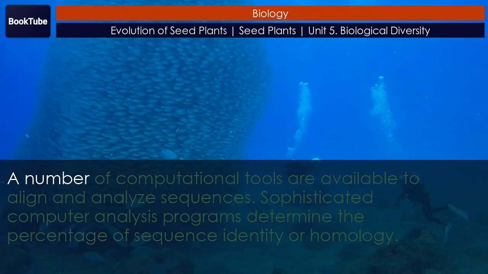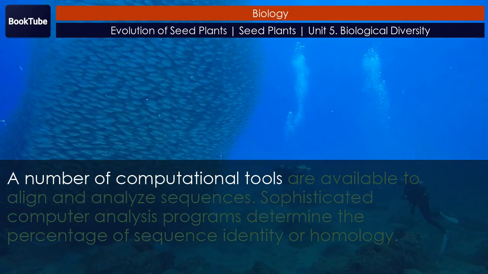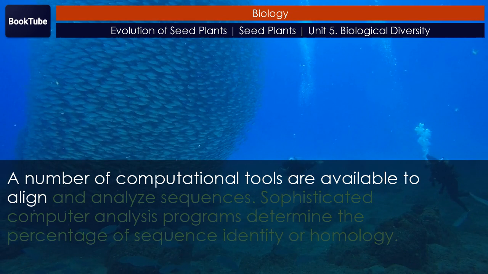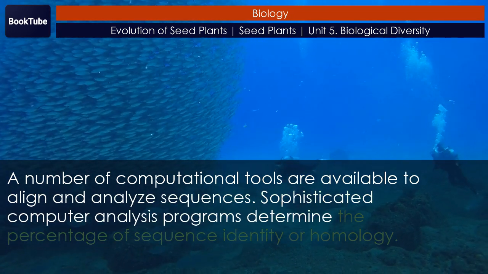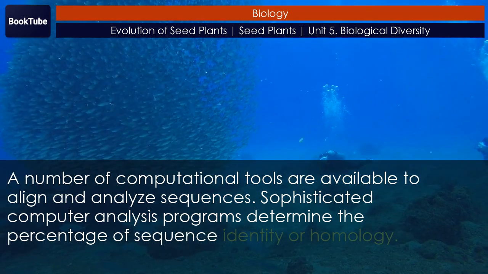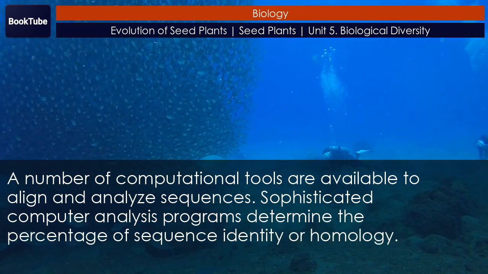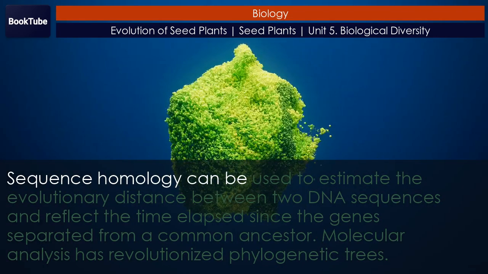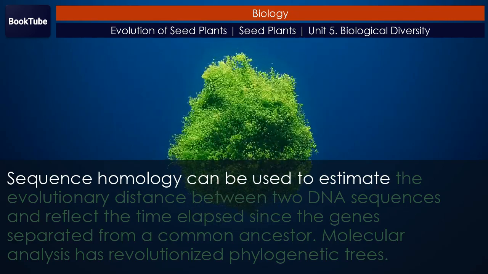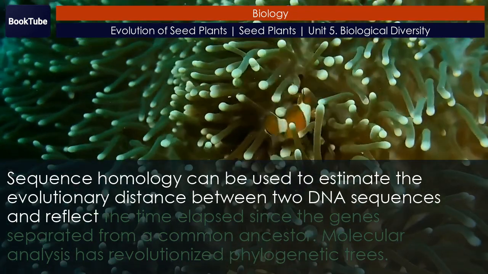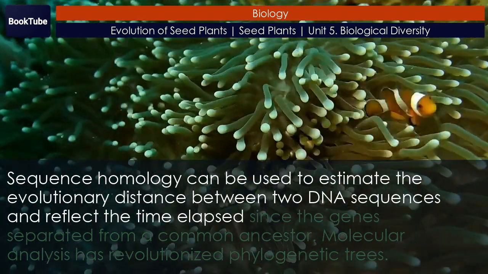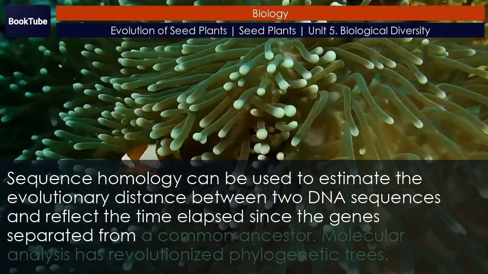A number of computational tools are available to align and analyze sequences. Sophisticated computer analysis programs determine the percentage of sequence identity or homology. Sequence homology can be used to estimate the evolutionary distance between two DNA sequences and reflect the time elapsed since the genes separated from a common ancestor.